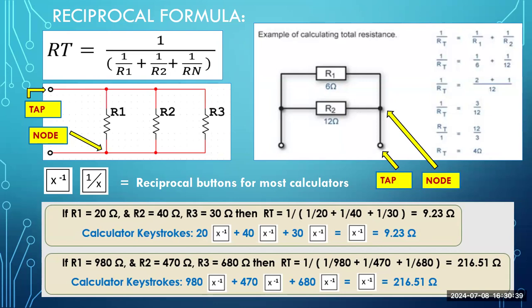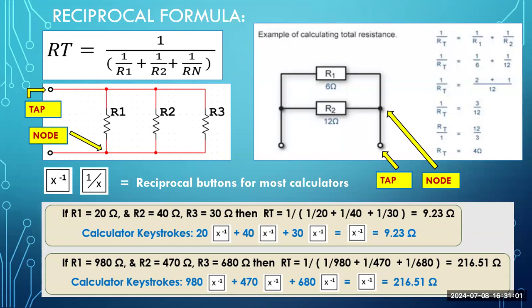And as a review point, some calculators have reciprocal buttons designated one of 2 ways in the middle left. It could be an X-1 key. It could be a 1 over X key. Both of these are called the reciprocal key on your calculator, and they both achieve the same task.